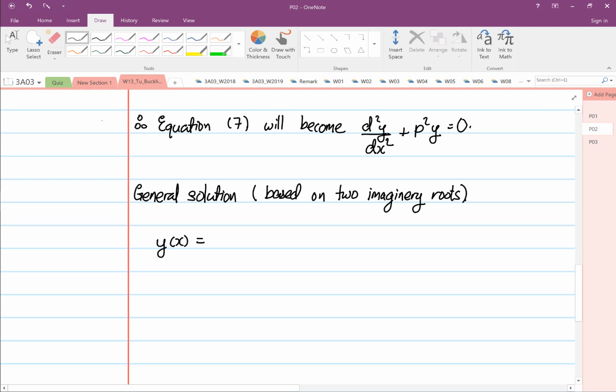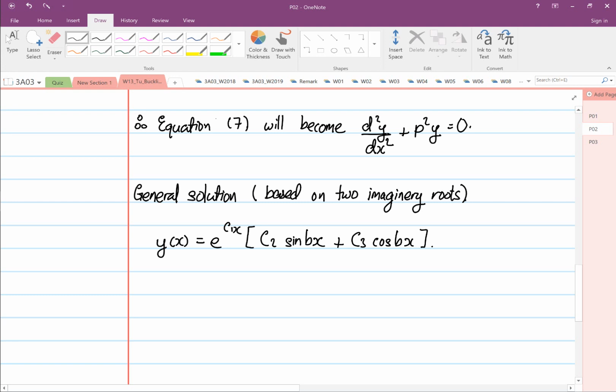This will be equal to e to the power c1 x, bracket c2 cos bx or c2 sin bx, plus c3 cos bx.